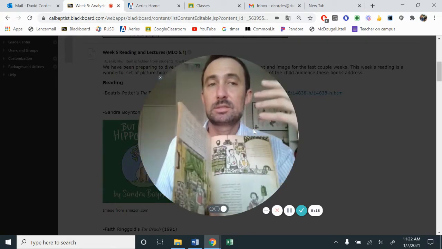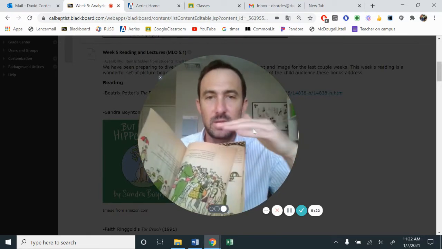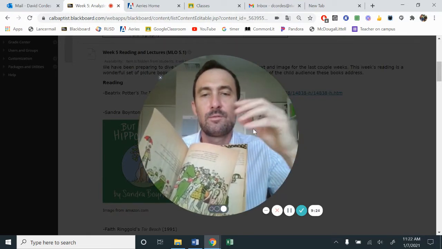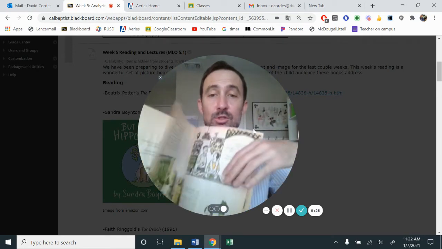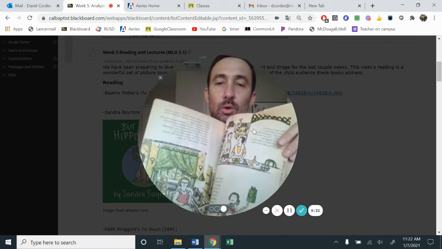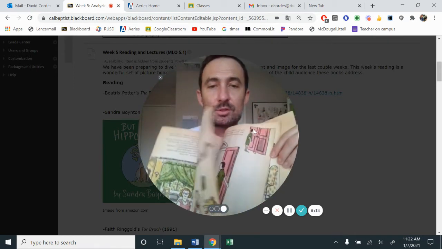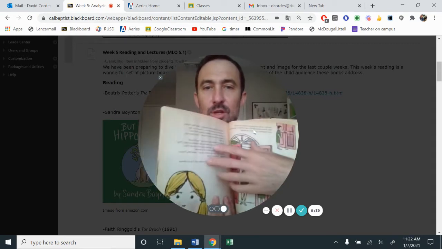An advanced reader would be able to track along and follow. A preschooler, kindergartner, or first grader would be able to track along with the pictures. So that's one of the components as well. You're looking at placement of image as well as words.